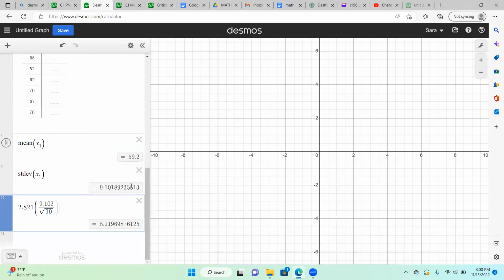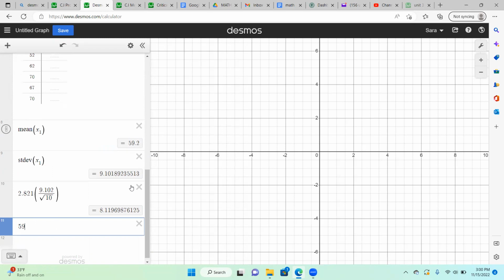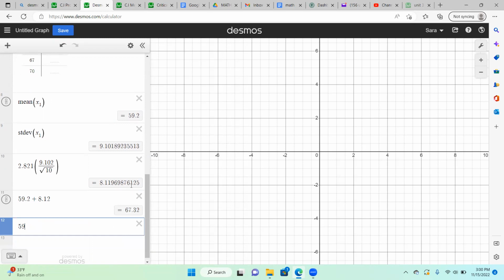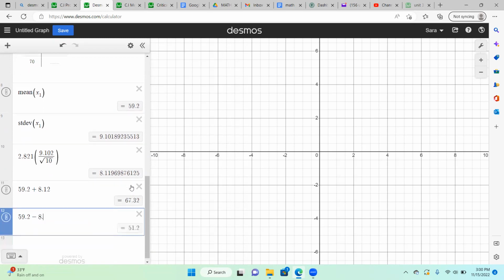So there's our error bound, 8.12. So we're going to have our mean 59.2 plus 8.12 and 59.2 minus 8.12.